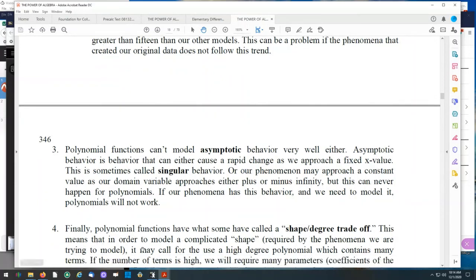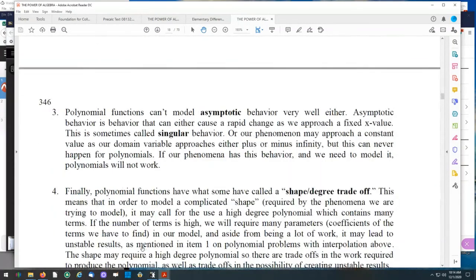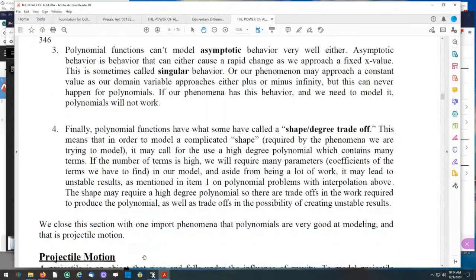And this last one I won't talk about too much. It's a shape-degree trade-off. How you pick the perfect degree can be problematic. So polynomial functions can be very useful. If you go through all these engineering software, a lot of them are called finite elements, finite differences, for solving different phenomena.